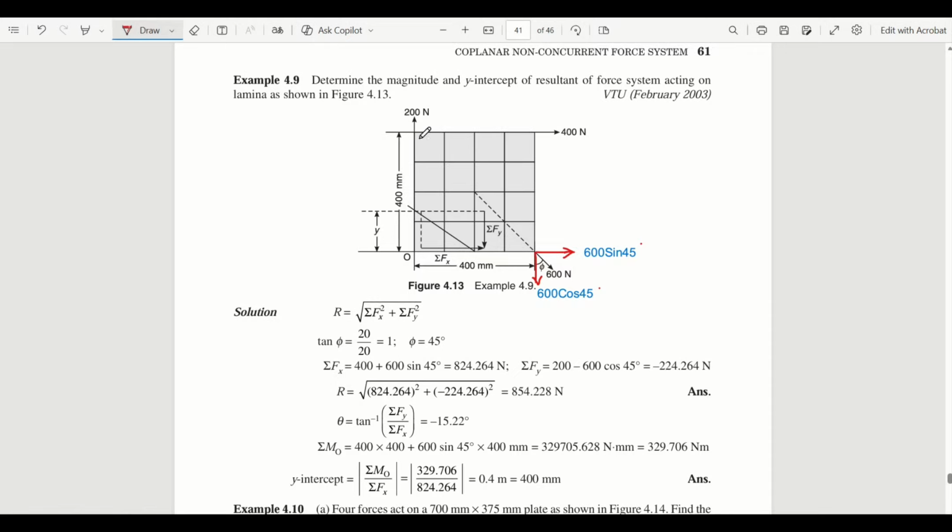Now start from this. This is moving towards O in clockwise, the anti-clockwise. And this doesn't have any perpendicular distance. I told you in the last video, if the force is like this, the perpendicular distance should be like this. You know the perpendicular sign, correct?